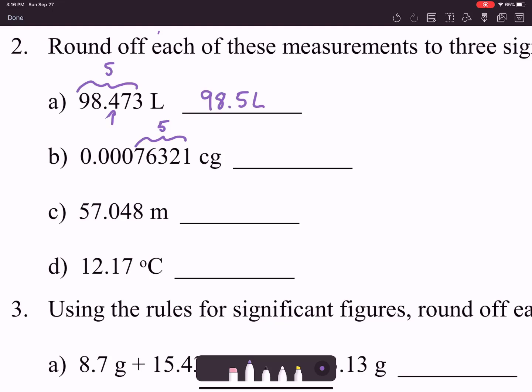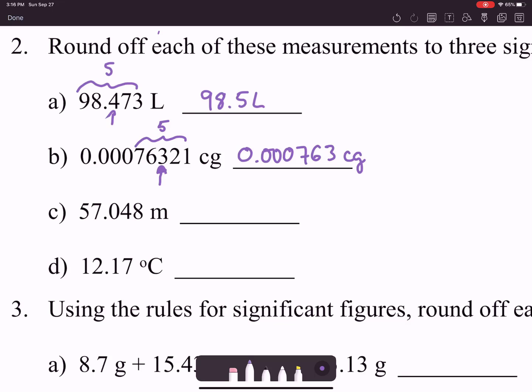5 significant figures. And we want 3 again. So we're going to round it to this point right here, which is the tens, hundreds, thousands, 10,000s, 100,000, the millionths place. All right, that many centigrams.